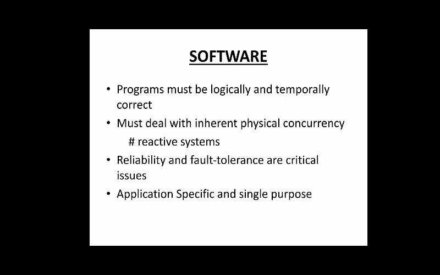Then what will happen? People won't go to ATM machines. They will go to banks, because if they sign the withdrawal form, they will get the money for sure, but the reliability of the ATM machine is 50%. Fault tolerance is critical. Fault tolerance means what I have discussed before.